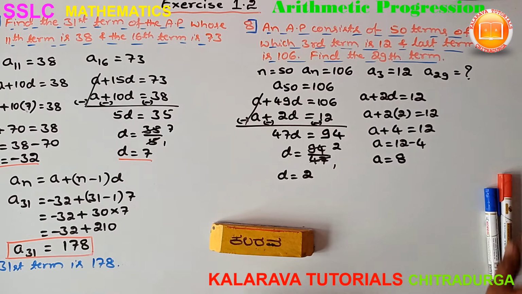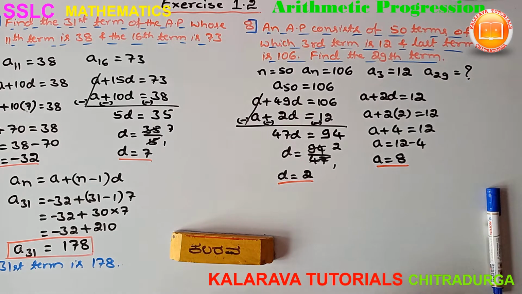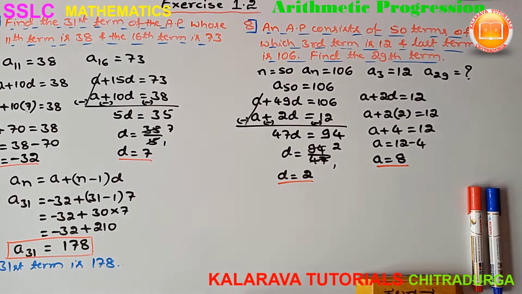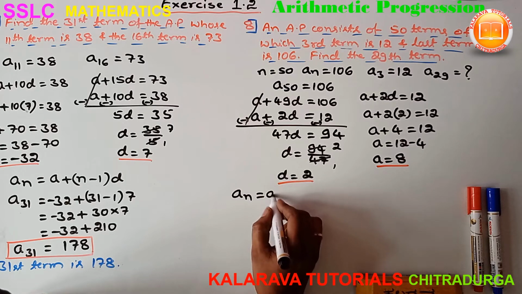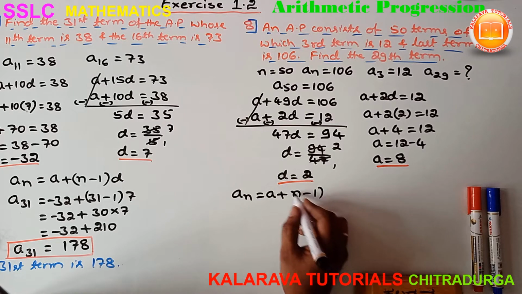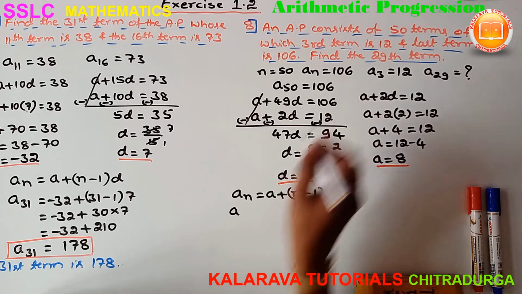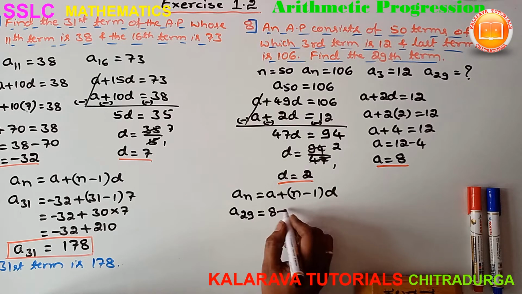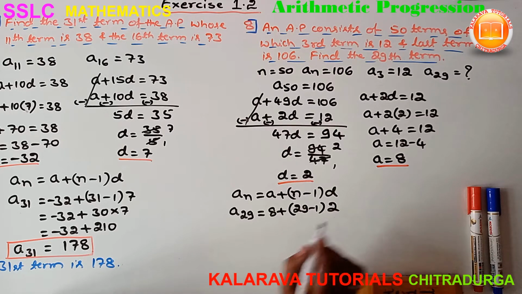Here we get the two values, that is A is equal to 8 and also D is equal to 2. By using these A and D values, we have to find out the 29th term. So by using the an formula, an is equal to A plus n minus 1 into D. Now we have to find out the value of the 29th term, that is n is equal to 29. A is 8 plus n is 29 minus 1 into D is 2.